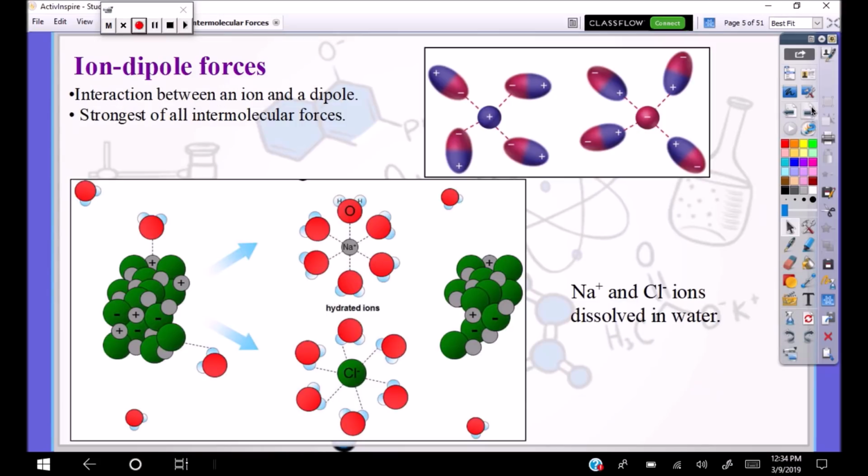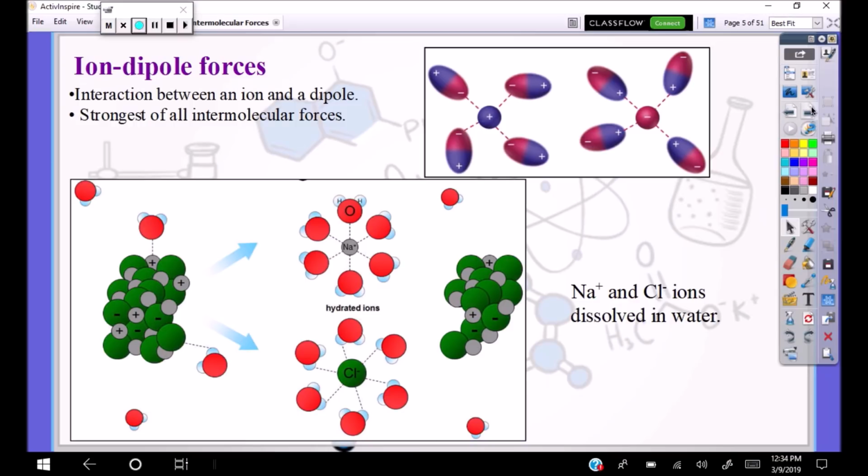So ion dipole forces are the interaction between an ion, something that's positively or negatively charged, and a dipole. The key here is that whatever the dipole is in the molecule, that partial negative or partial positive will form an attraction with the opposite charge ion.